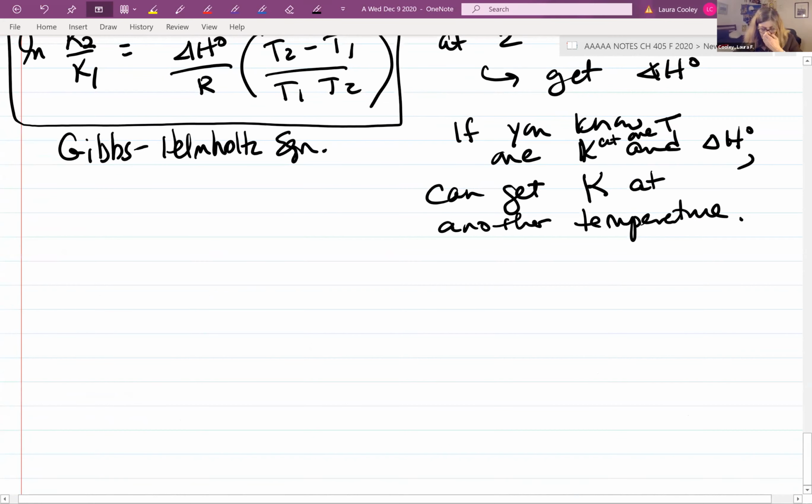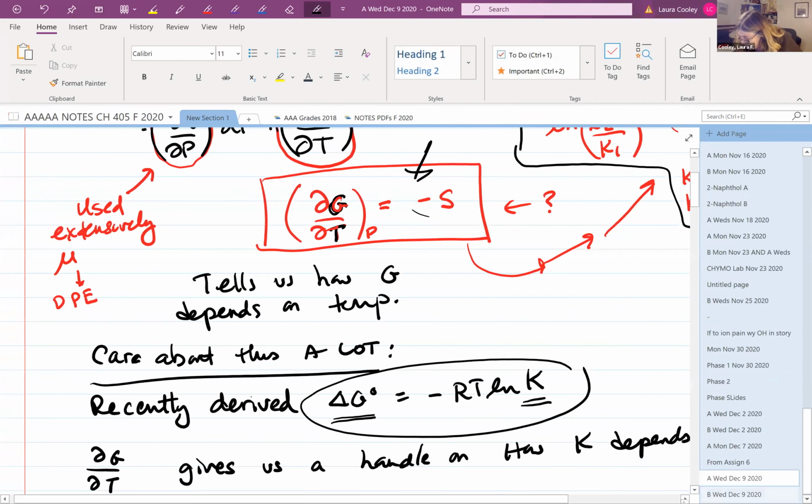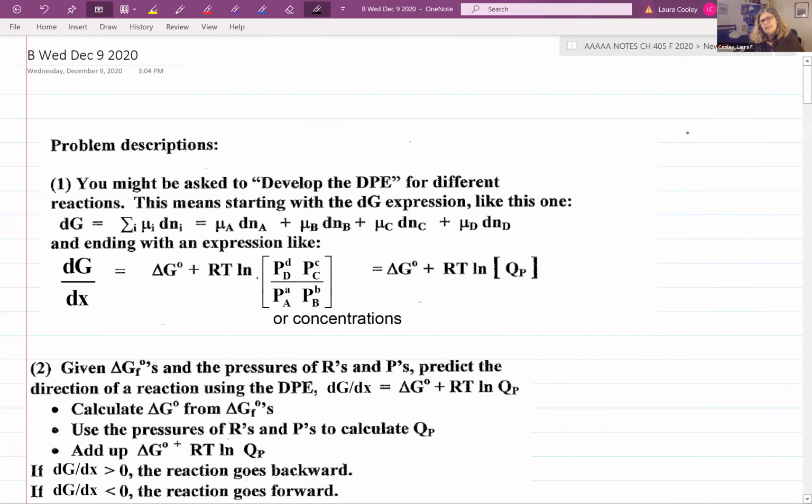So I'm going to show you, I just have a handout. I think this was something I sent earlier in the week. The front of it has the derivation of the more general direction predictor equation.